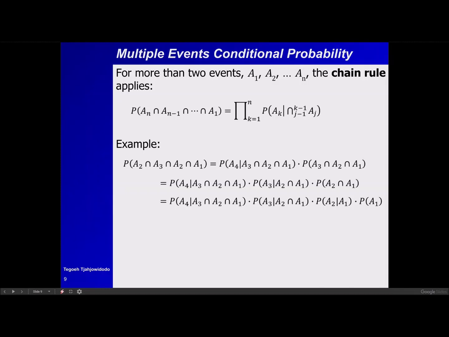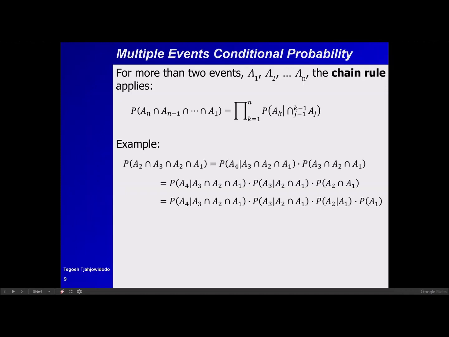For more than 2 events, let's say we have n events, A1, A2 until An, the probability of all of these events occurring together, A1, A2, A3 until An, all of them occurring together, if you are referring to the Venn diagram, will be the intersection of all of these Venn circles.